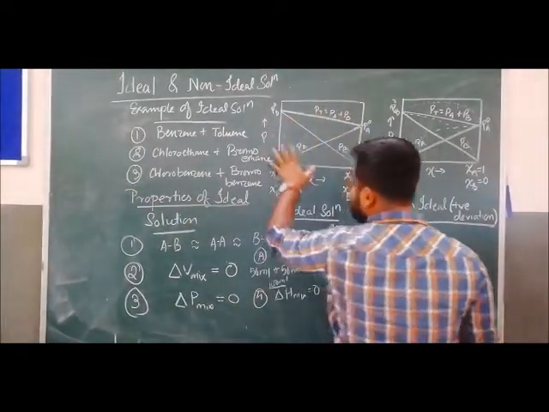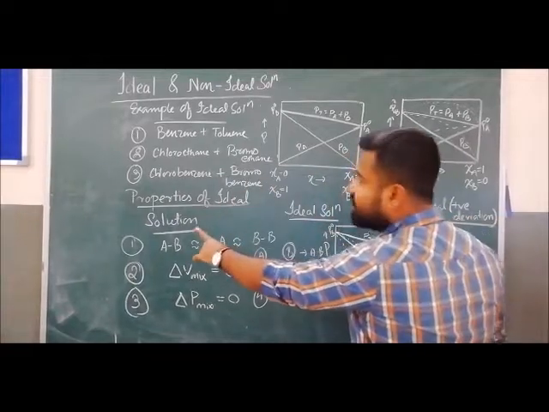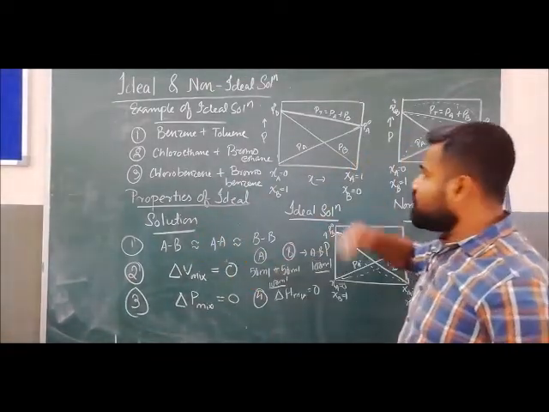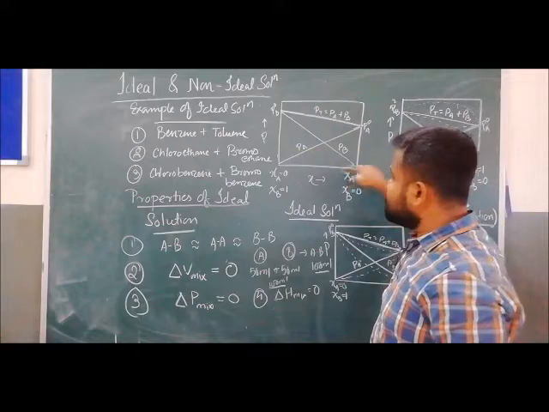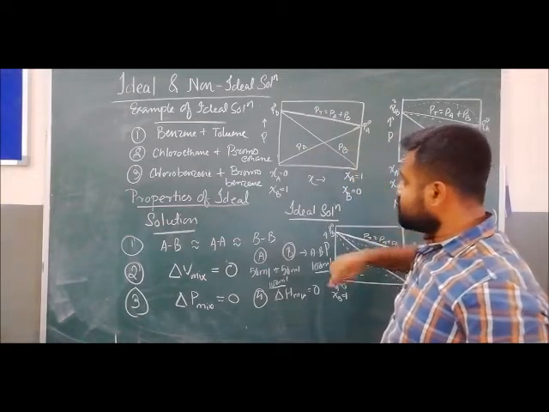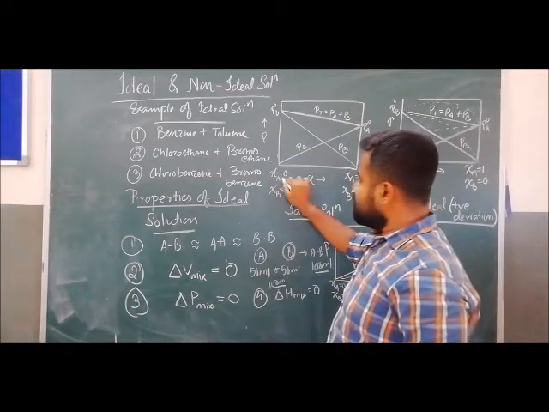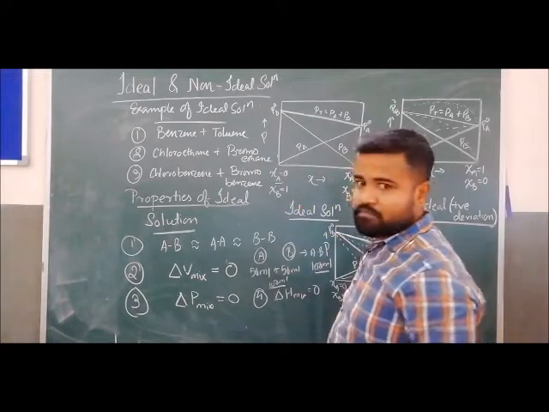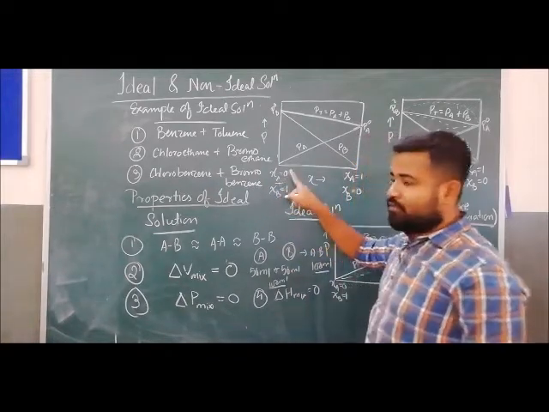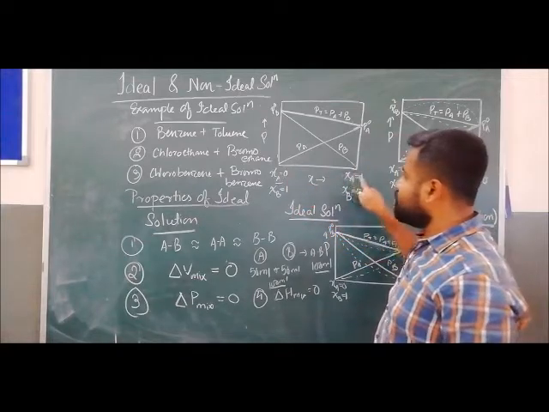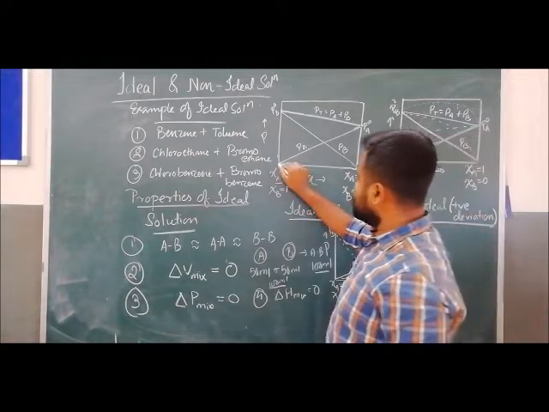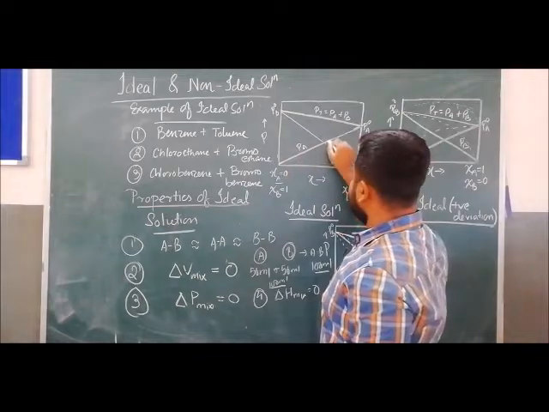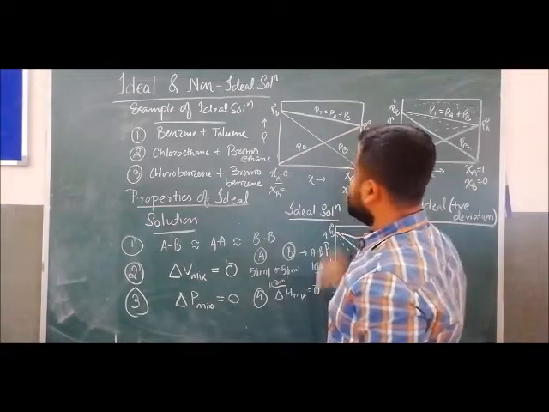Now we will come to this graph. Graphically we will explain the ideal solution. In Raoult's law, you observe this graph where, when you are increasing the mole fraction of component A from 0 to 1, the vapor pressure of component A increases.